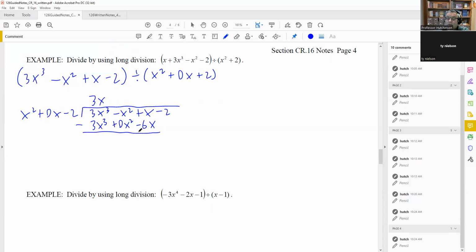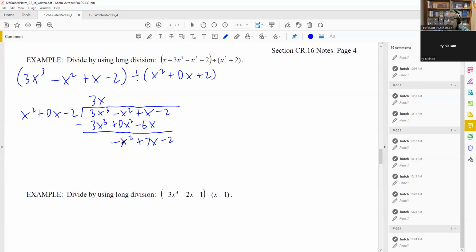Again, we're subtracting this, so the cubes are going to drop out. I have negative x squared minus nothing, so I'd still get negative x squared here. Now, careful with this. I have 1 minus a negative 6. So 1 minus a negative 6 is like 1 plus 6. So I get 7x. And then I'm going to subtract the minus 2.